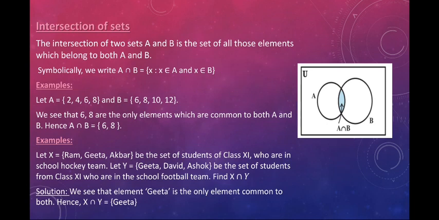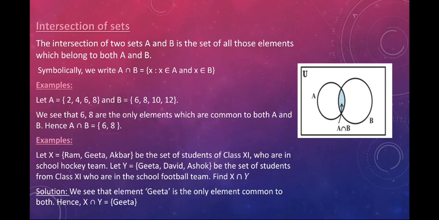Now example, suppose A is the collection of 2, 4, 6, 8. B is the collection of 6, 8, 10, 12. This is the same as the previous example. Here the common part is 6, 8. 6 and 8 are common in both A and B. That's why A intersection B will be the collection of 6 and 8.